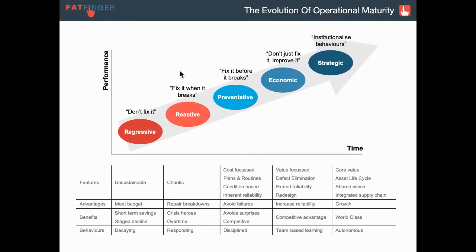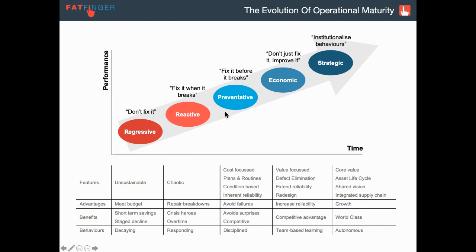We will provide these slides for download, so you can go through them in detail. But if we take a step back, where are we in our operational maturity? Are we in a don't-fix-it mode, kind of ignoring the plan and hoping everything goes well, or not wanting to spend any money fixing things, only fixing it when it breaks?